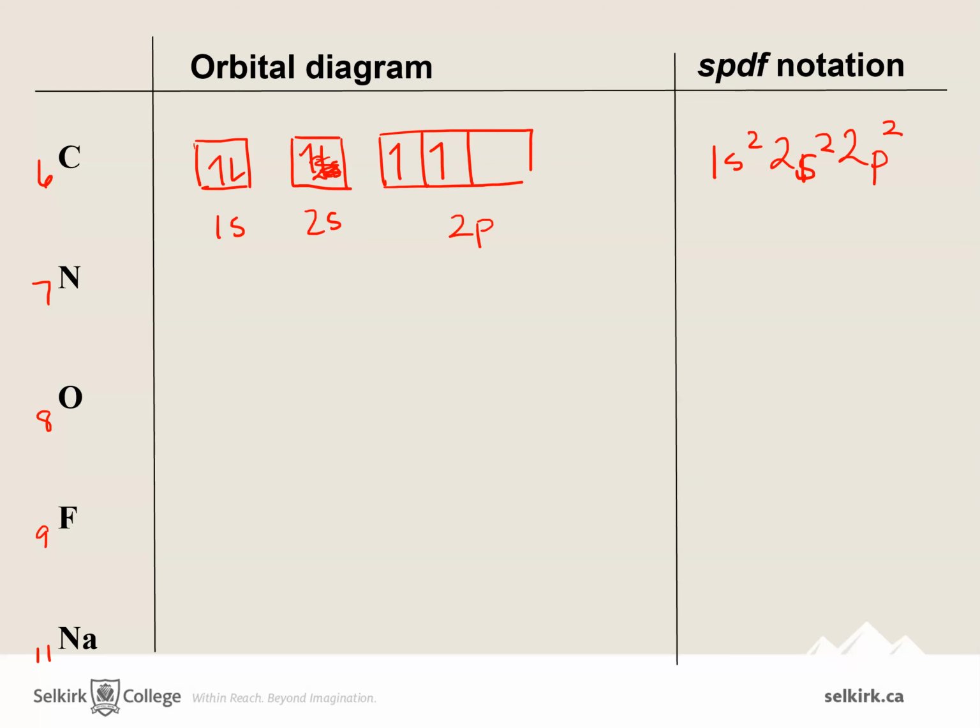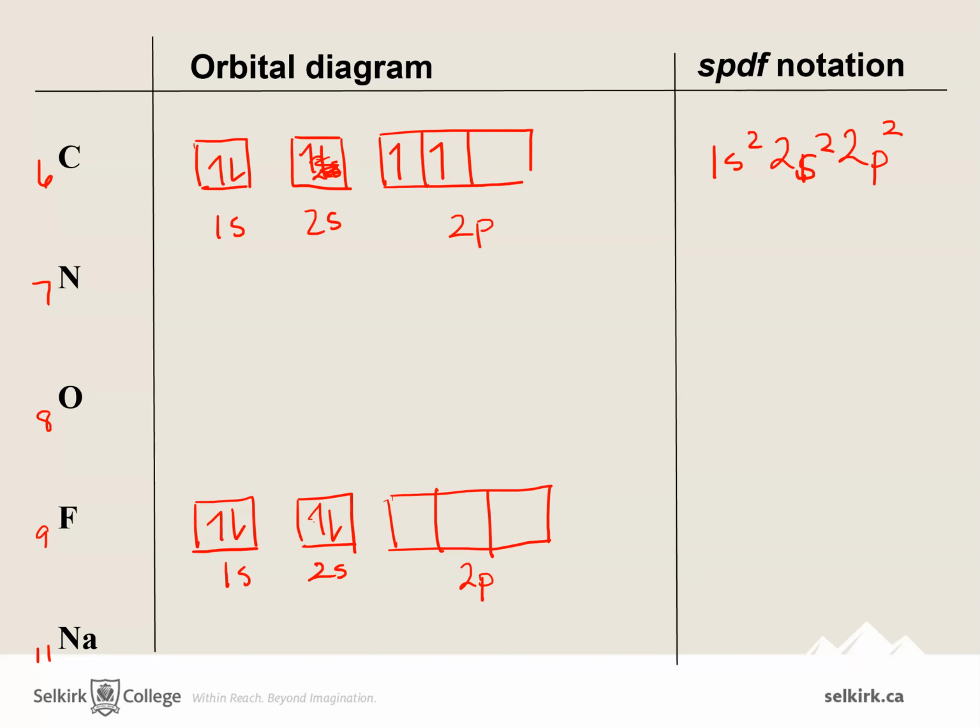Okay, now, I don't want to be tedious. Let's jump ahead. Let's go to fluorine, atomic number 9. 1s can hold 2. 2s can hold 2. The set of 2p's, here we go.